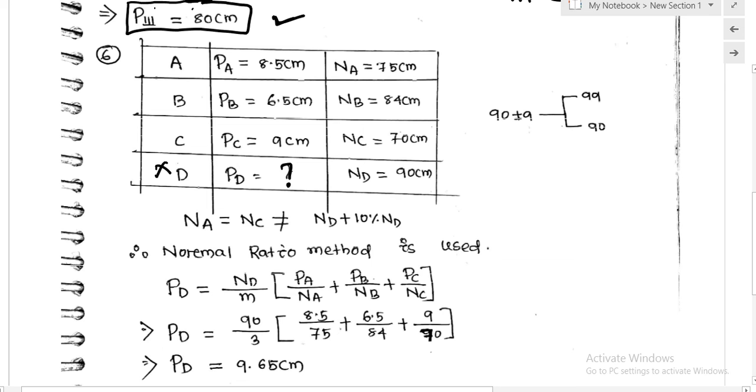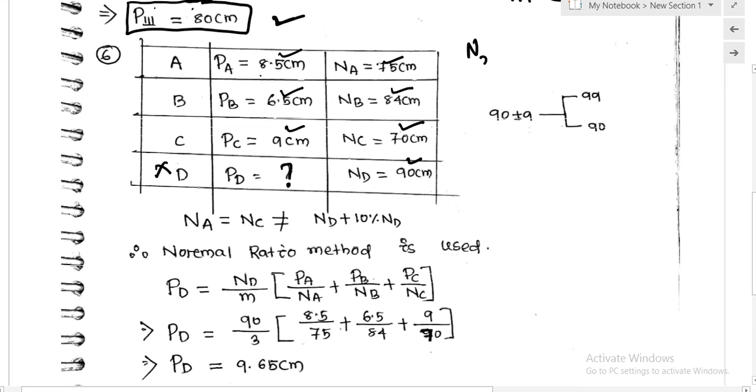So you have to estimate the rainfall data for station D. The average rainfall data are 8.5 centimeter, 6.5 centimeter, 9 centimeter. D is missing, so D data has not been mentioned, and the normal ratio data are 75 centimeter, 84 centimeter, 70 centimeter and 90 centimeter.